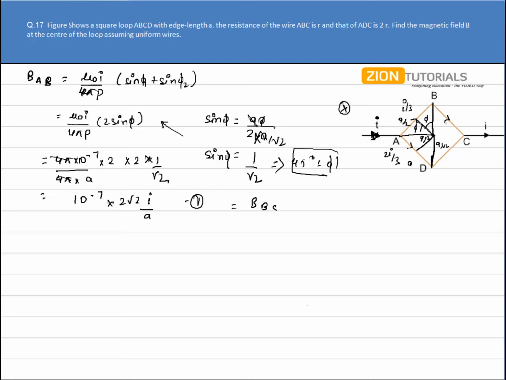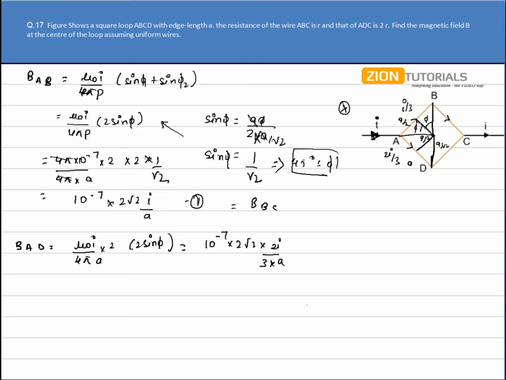Then we'll calculate the magnetic field due to AD. Using the same formula, the perpendicular distance is a by 2, again 2 sin phi. Solving this, I get 10 to the power minus 7 into 2 root 2 into the value of I, that is 2I by 3, by a.